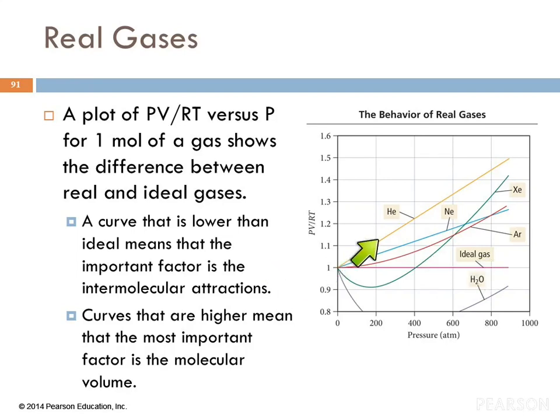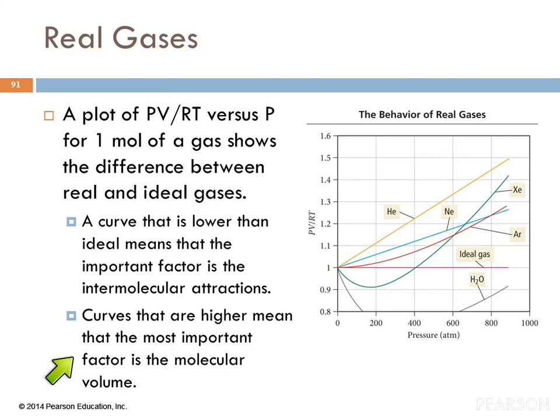What we find is that some of the gases are above the line and some of the gases are below the line. A curve below the line means that the important factor in its difference is intermolecular attractions. Water has significant intermolecular attractions. As you cool a gas down, and it has more time to interact, those intermolecular attractions become more significant.